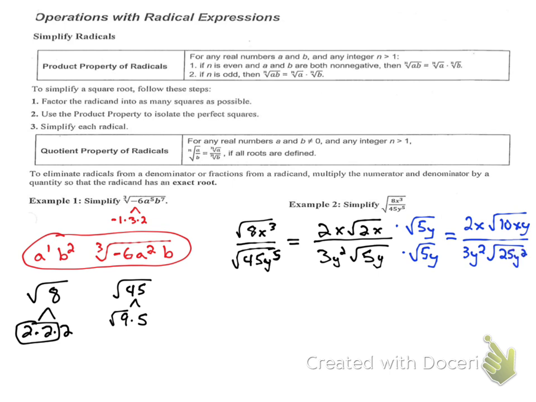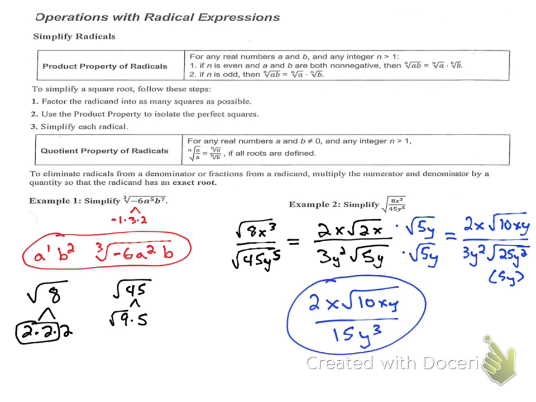And like I said, the square root of 25y squared is 5y. That's a perfect square. That's what we wanted, so we get rid of our radical. If we multiply 5y times 3y squared, that gives us 15y cubed.